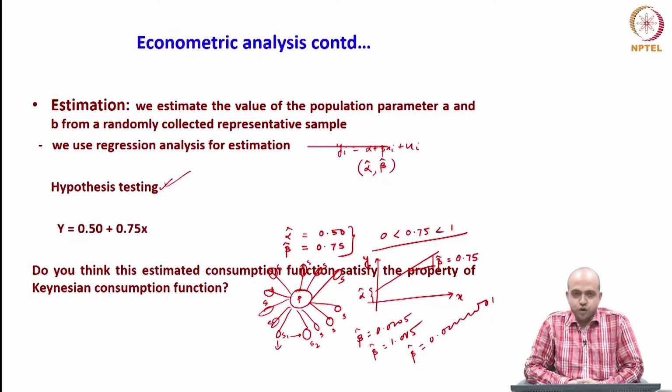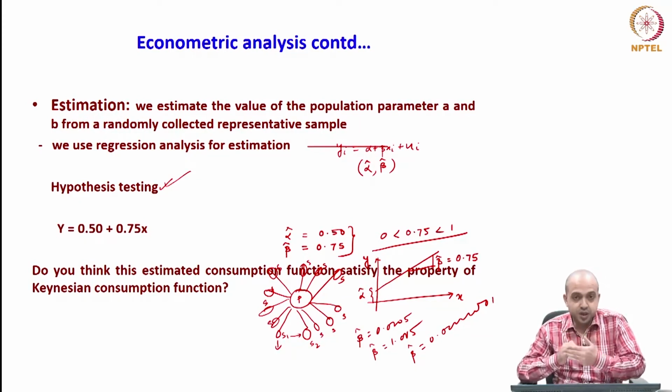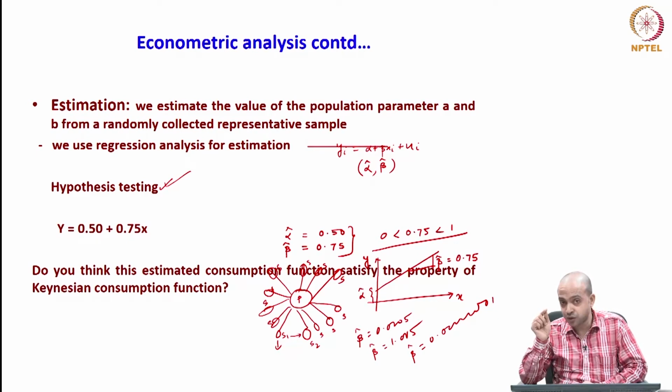The detailed procedure of hypothesis testing we will discuss in detail, because hypothesis testing is the most important part of our econometric analysis. If you recall our objective of econometric analysis, it is drawing inference about the population parameter.